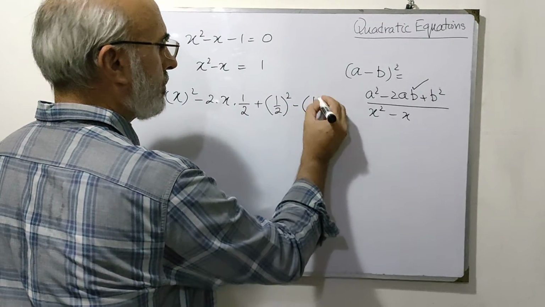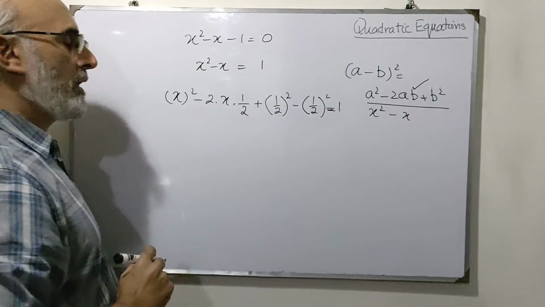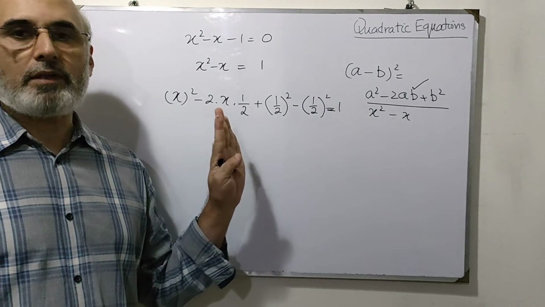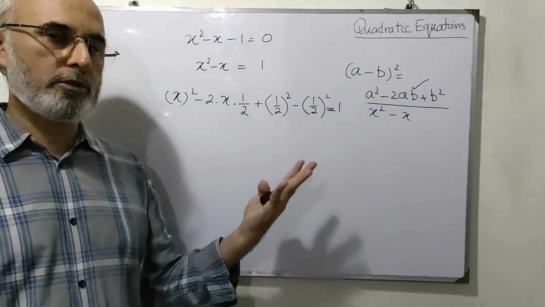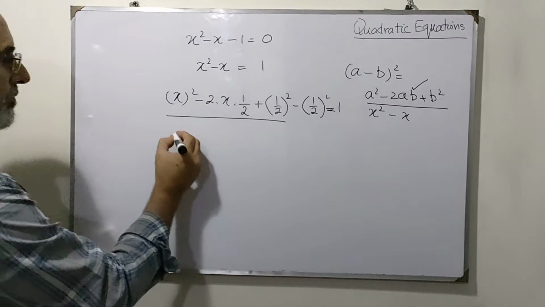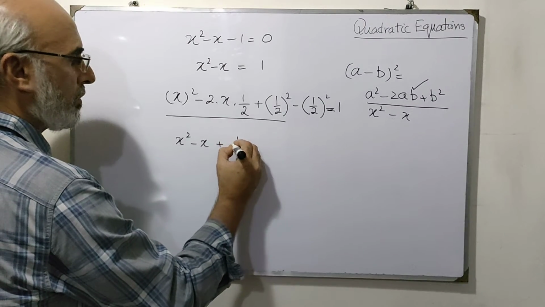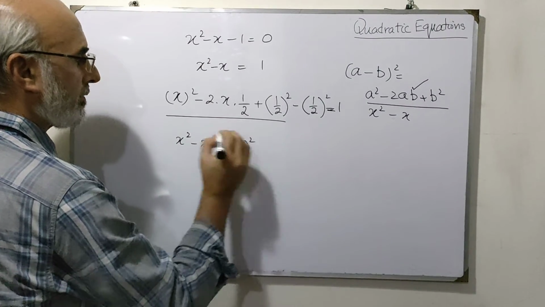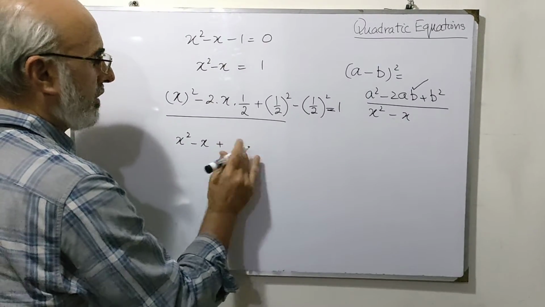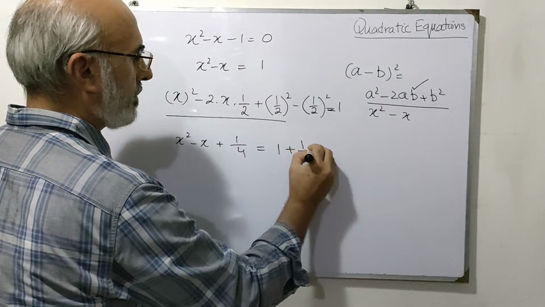Minus 1 over 2 square is equal to 1. Okay? I introduced something, so I subtracted something. It's perfectly okay if I'm adding something and subtracting as well. So this is what I wanted: x square minus x plus 1 over 2 square. Or if you want, you can write it like this: 1 over 4 is equal to 1 plus 1 over 4.